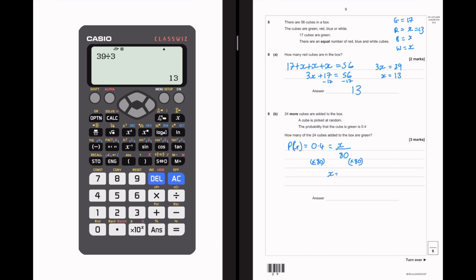So X is equal to 0.4 multiplied by 80, which is equal to 32. Previously in part A, there were 17 green cubes. So 32 subtract 17 shows how many more green cubes were added. 32 subtract 17 is equal to 15. So the answer is 15.